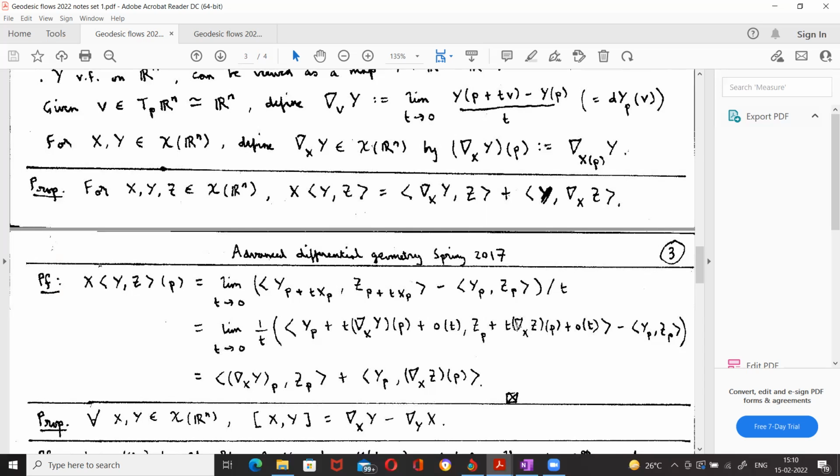When I divide by t, the t will cancel, and the other terms which are little o of t, with any inner product, divided by t will converge to 0. So finally this limit will be what I want: the inner product of ∇_XY at p with Z_p, plus Y_p with ∇_XZ at p. Is this clear? Yes. Okay.